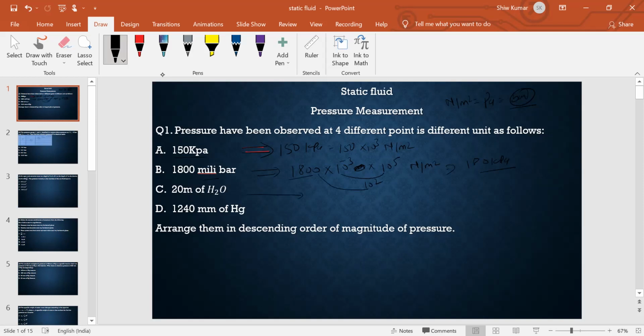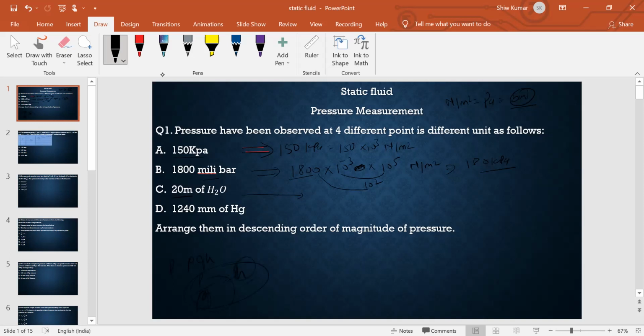Similarly, the next is 20 meter of S2. The head is given. This is a head actually, and P is equal to rho GH. P by rho G is called the specific head, and that indicates height also.